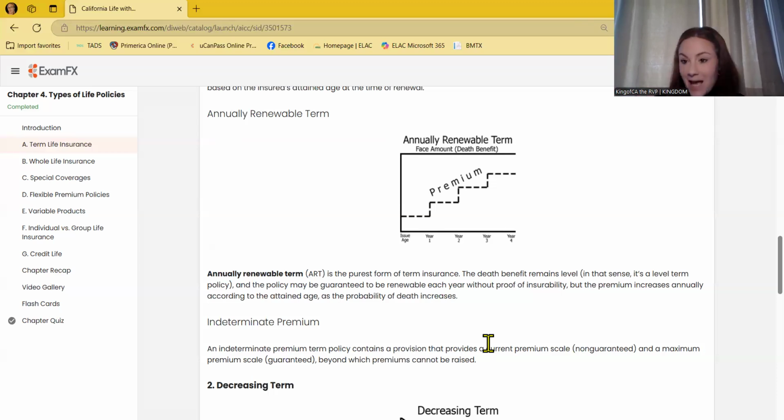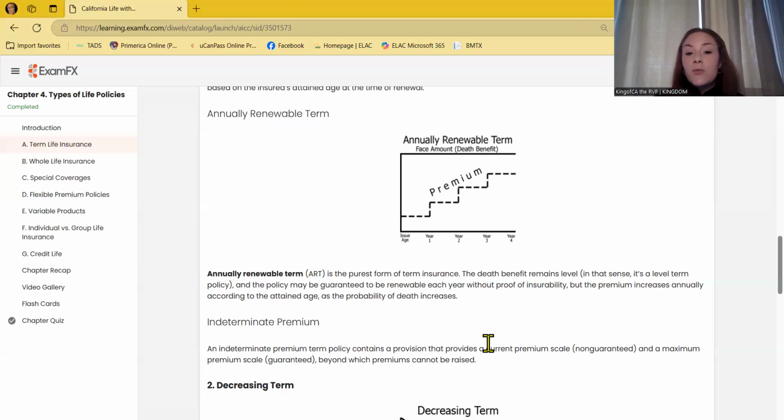Okay, why does this happen? Because as we grow older, we have more risk of passing away, right? So the premium is only increasing because as we grow older, our risk is higher and higher. Therefore, our cost of insurance is higher and higher and higher.